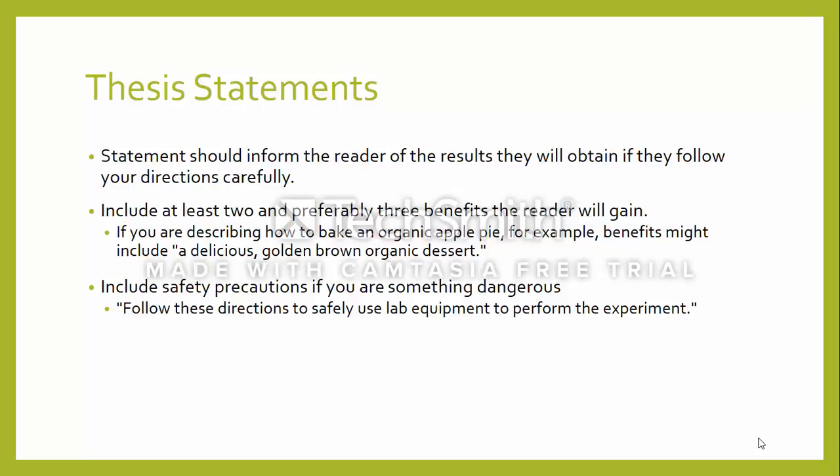And then the next thing you need to do, for anything that might be safety related, even if you're baking a cake, is say, be careful with a hot pan, or, this gets particularly hot, so let it cool, whatever those might be. Make sure you put precautions in there that make the reader feel like you really care about them. That's really important to do.